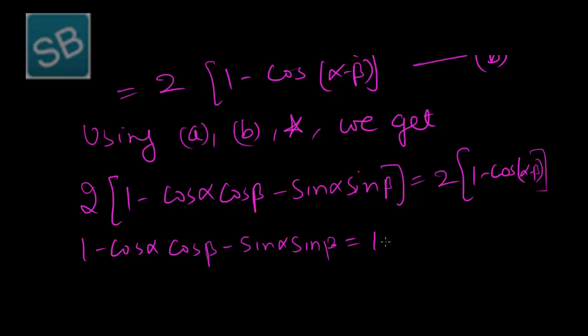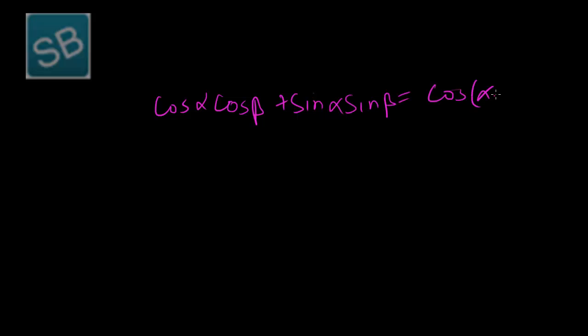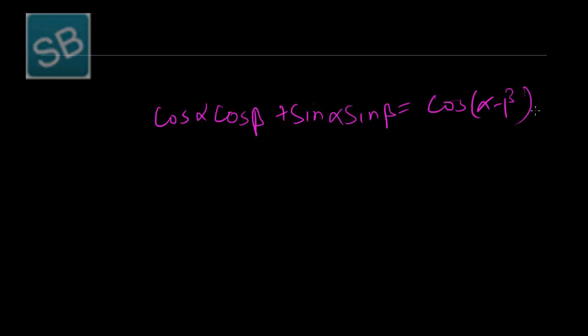The 1 is cancelled out and we get 1 minus cos of alpha minus beta. Now the 1 is also cancelled out. Sorry, the 2 is not here, the 2 is already cancelled out. Cos alpha cos beta plus sin alpha sin beta is equal to cos of alpha minus beta.